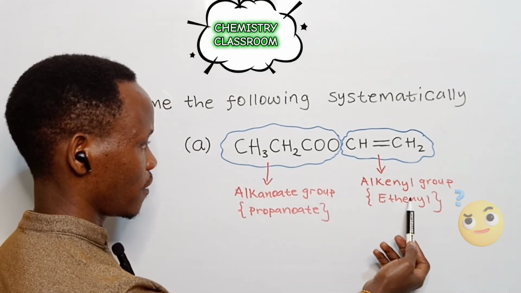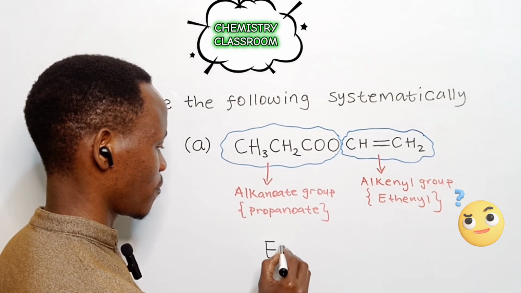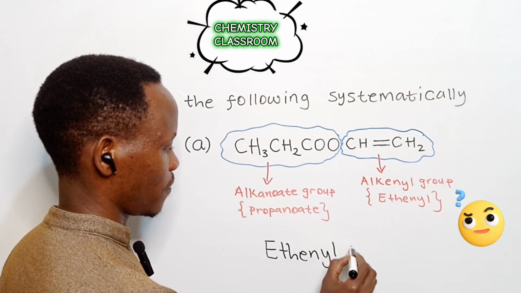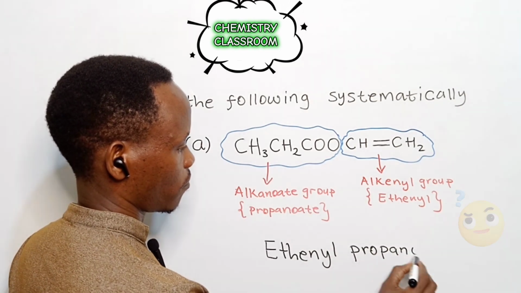By combining these two, we obtain that the correct IUPAC name of the compound is ethynyl propanoate.